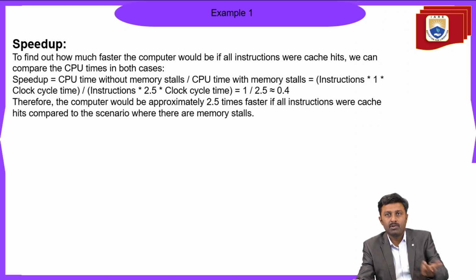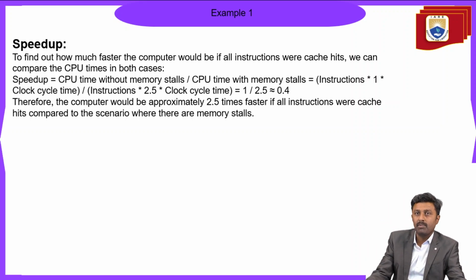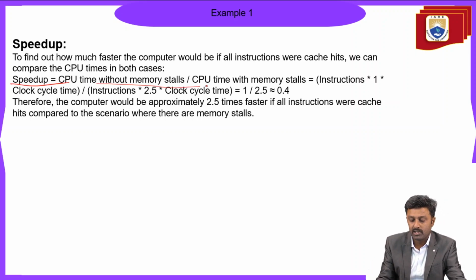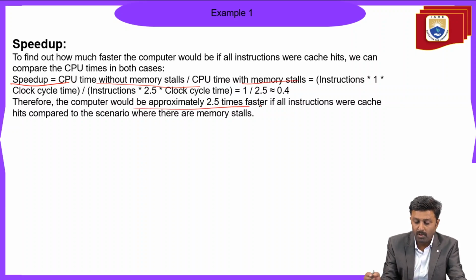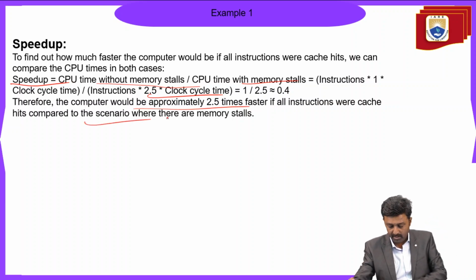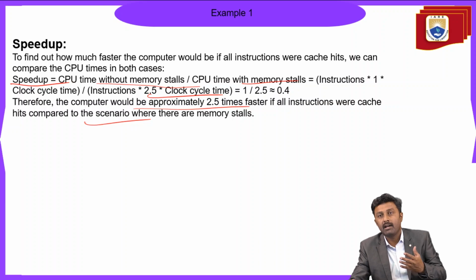If you want to find out the speed of the CPU where all instructions are cache hits, we can compare the CPU times of both. So the speed will be calculated with the CPU time without the memory stalls divided by the CPU time with the stalls. Therefore, if you substitute the values of clock cycles, the computer would be approximately 2.5 times faster if all the instructions were cache hits, compared to the scenario of the example with memory stalls.